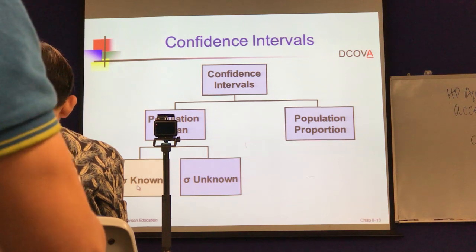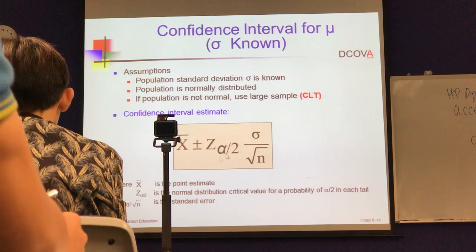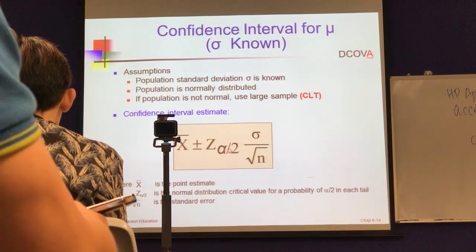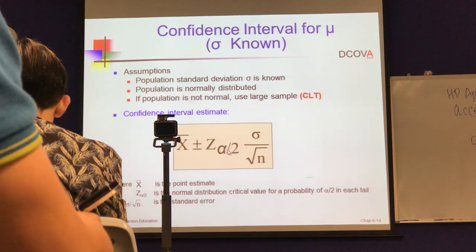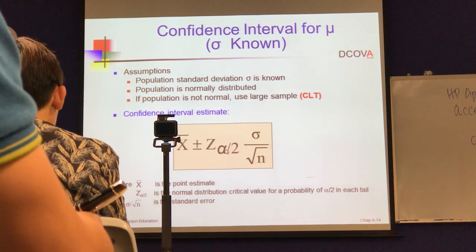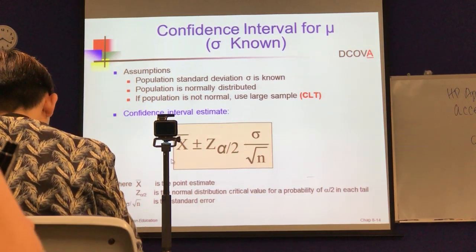Now let's look at when sigma is known. When sigma is known, we use the Z table. So you can remove this alpha divided by 2. Please remove it because sometimes it causes student confusion. Have we seen this formula just now? Yes.